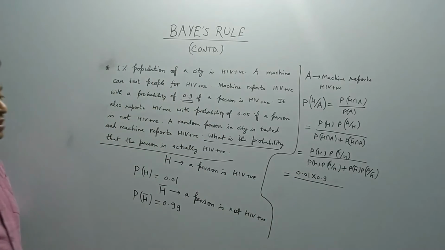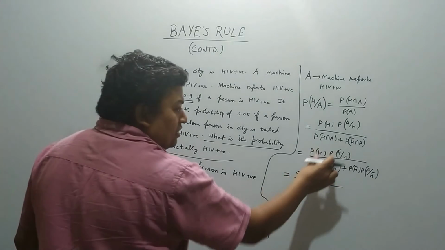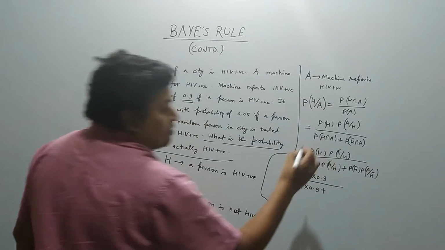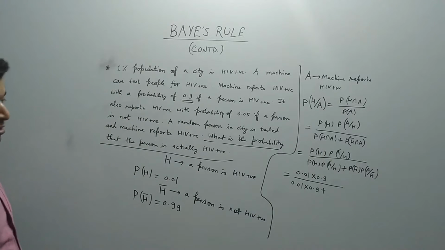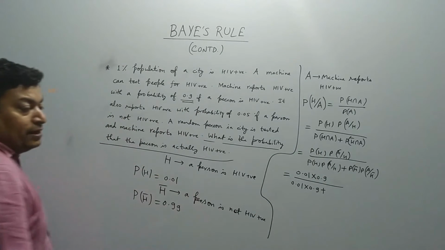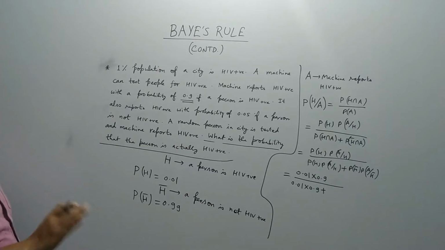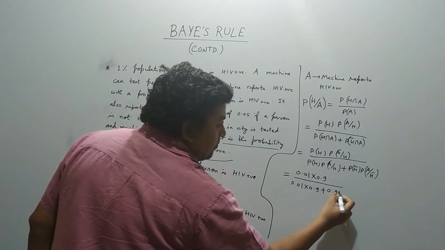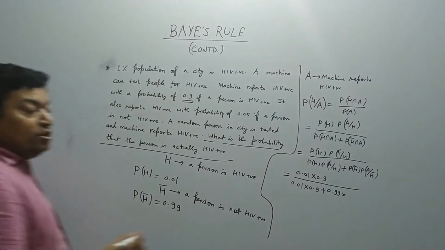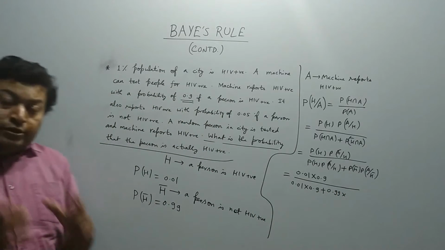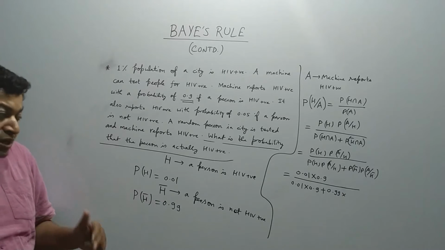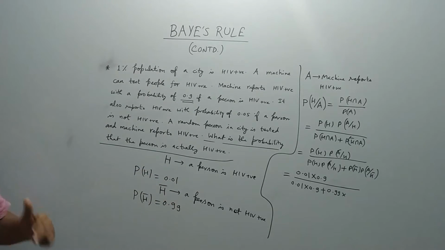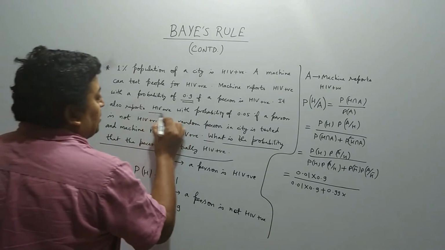Now, denominator. We can just copy the same thing here. P(H bar) means probability that a randomly selected person is not HIV positive, 0.99. And P of A given H bar: given that a person is not HIV positive, what is the probability that machine reports positive?